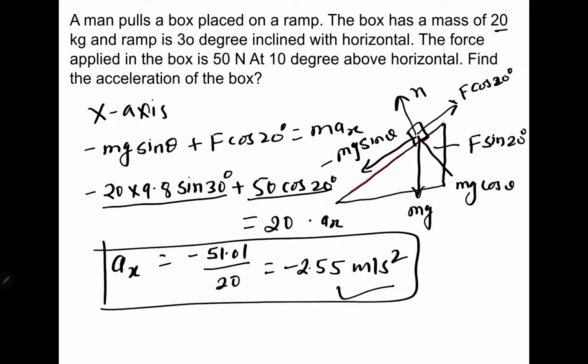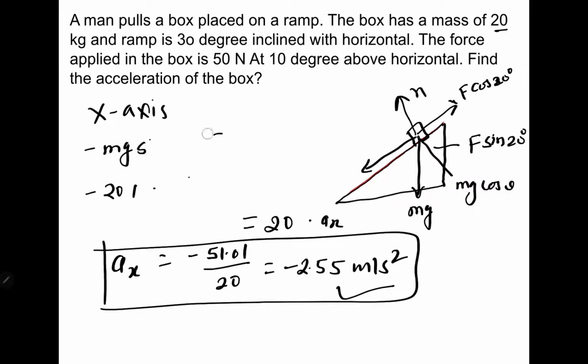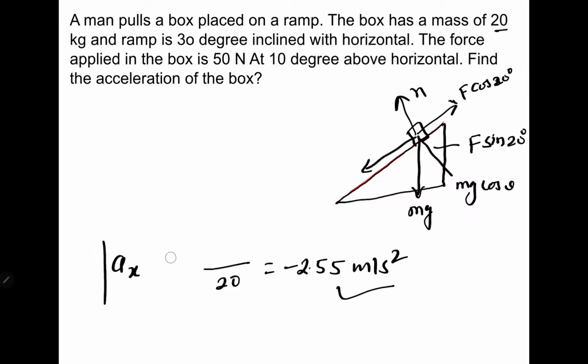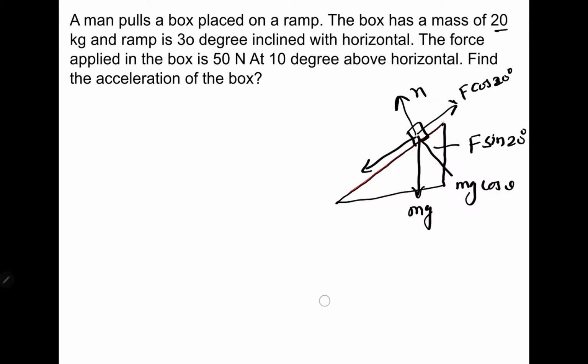If you have to calculate the normal force, you can do that. We have the second equation, right? But right now I'm not calculating here. You can do it by yourself. Let me just write down again that equation, which was along the y-axis, normal minus mg cos 30 degree minus F sine 20 degree is equal to 0, right?